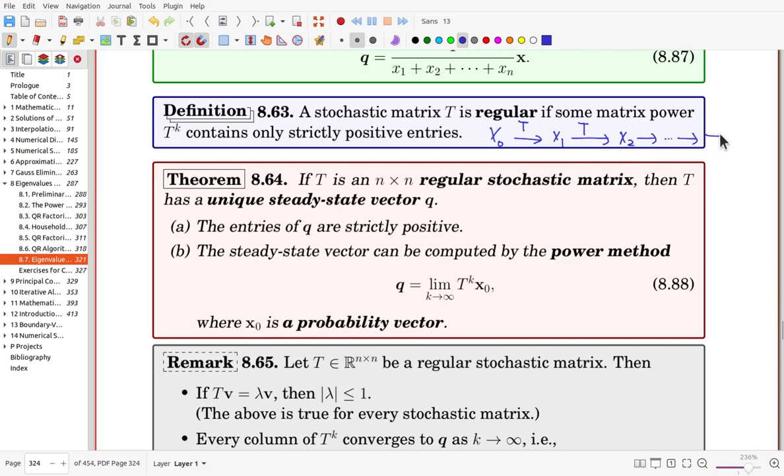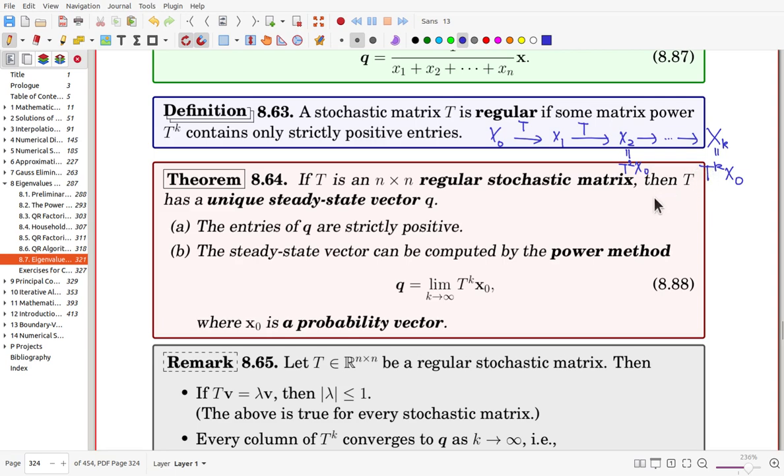Now after k steps, we reach xk. This can be written T squared x0, so that for general xk, it can be written T^k x0.